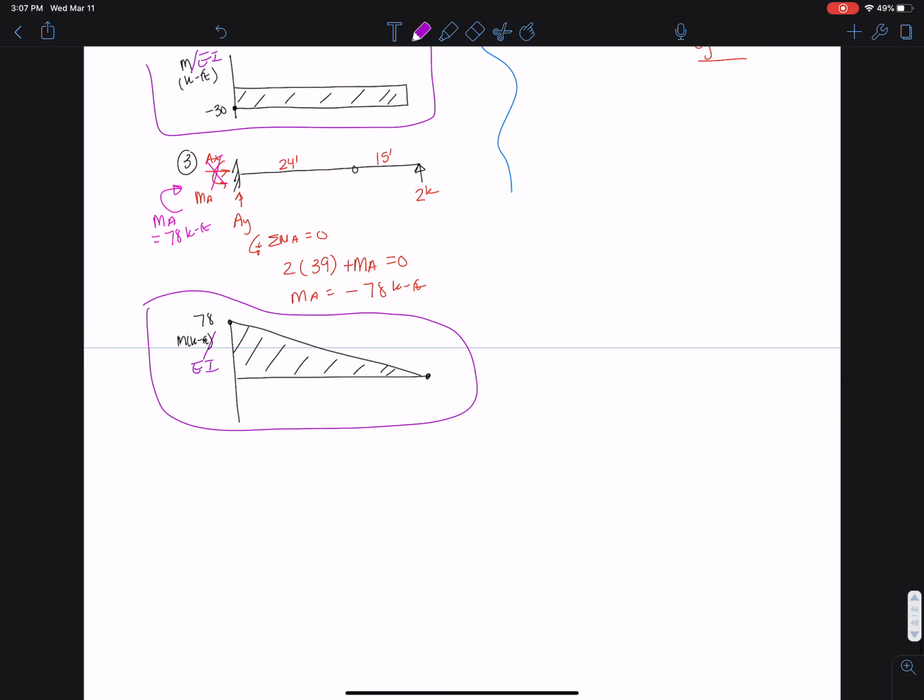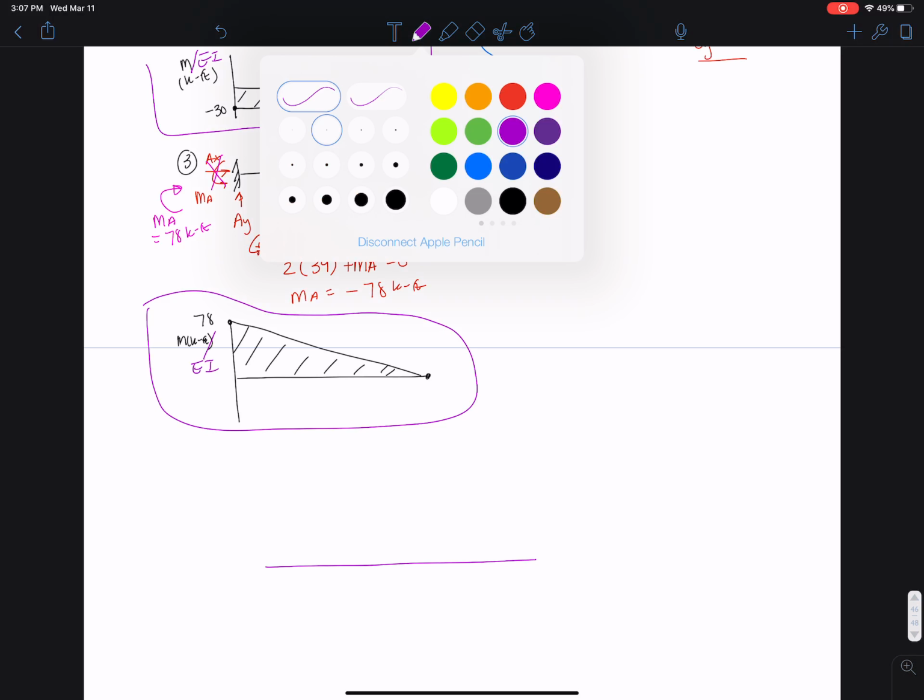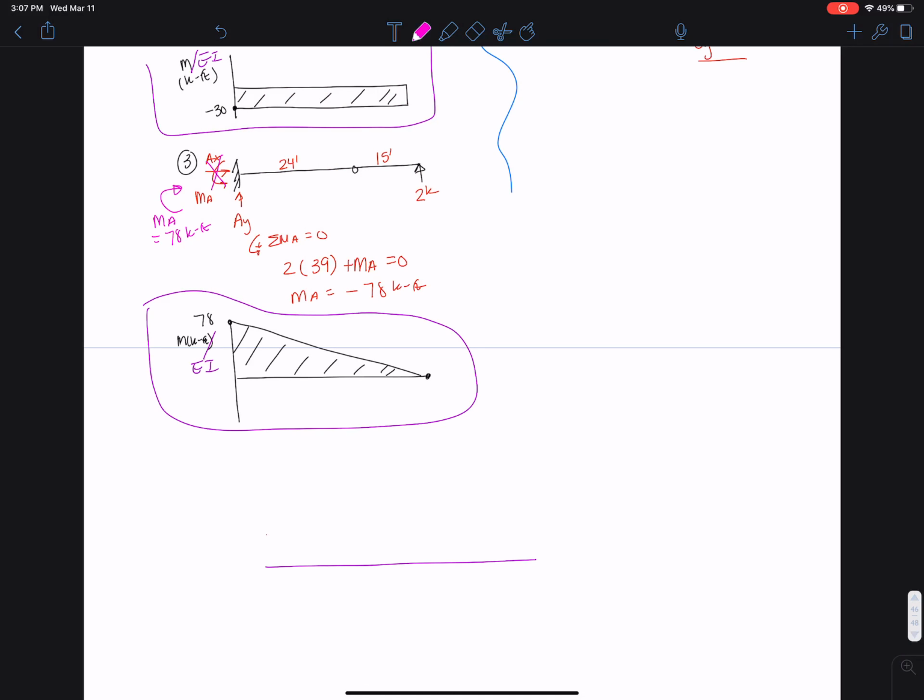Okay, so I'm going to take all those loads. I'm going to redraw my beam down here. Okay, and I'm going to put the 30 distributed load like this, and it's negative, so I'm going to draw the arrows going down. Okay.